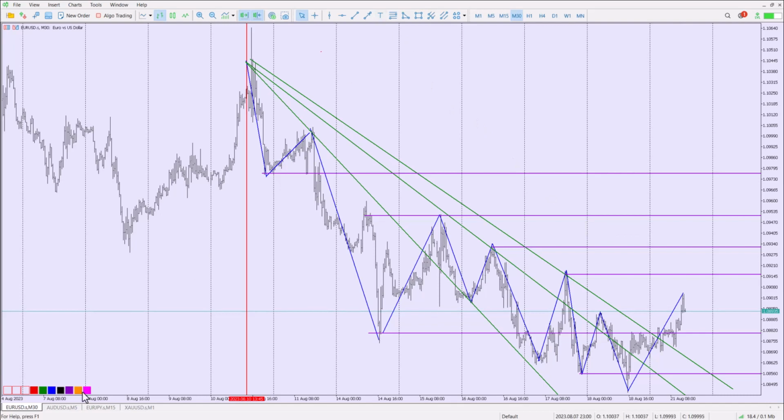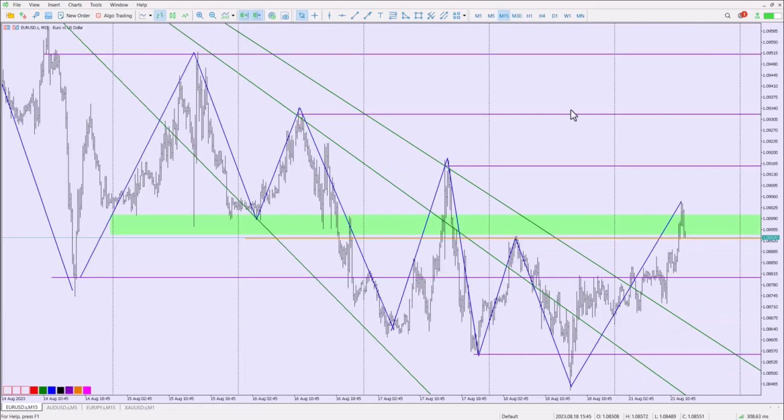The only thing, maybe I can add a single support line here. That's it. So this low here is a little bit close, or maybe I can draw this box here as a kind of an area. Then you go lower, the 15-minute chart.